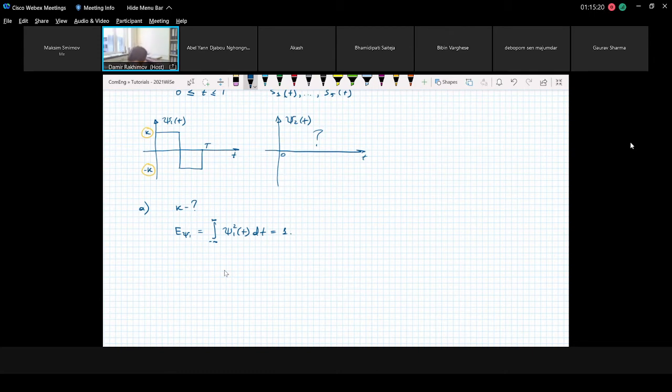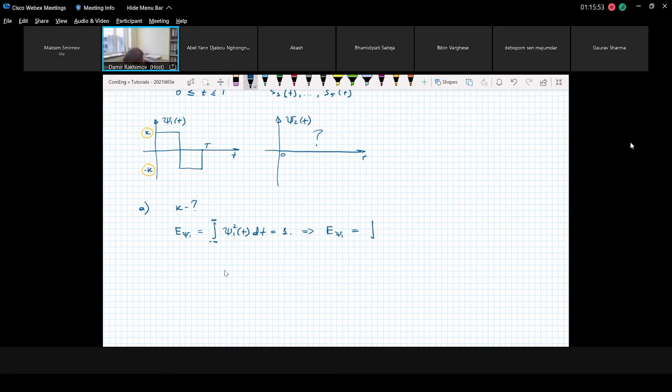The energy of the basis function is the integral. Strictly speaking, we have two parts in our basis function that have different signs, but I will simplify because when you calculate the square value, you just drop the sign.